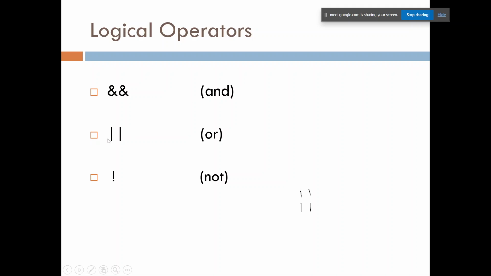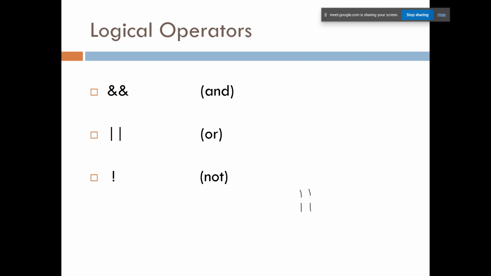Coming to OR, the double pipe symbol. On the keyboard, you will have a line with a small gap, that's called the pipe symbol. Two pipe symbols typed together is the OR operator. The exclamation mark is the NOT operator.